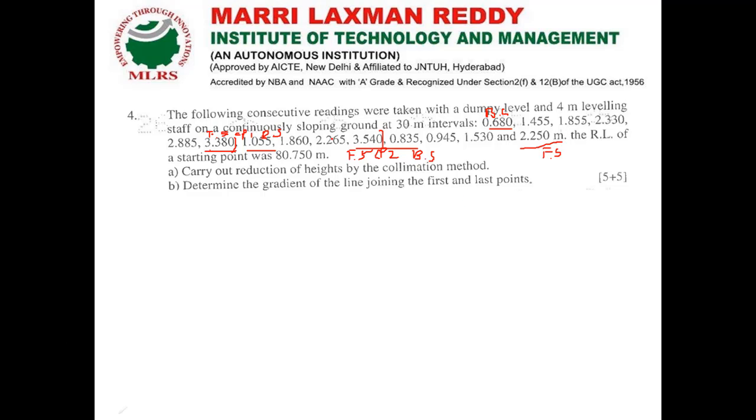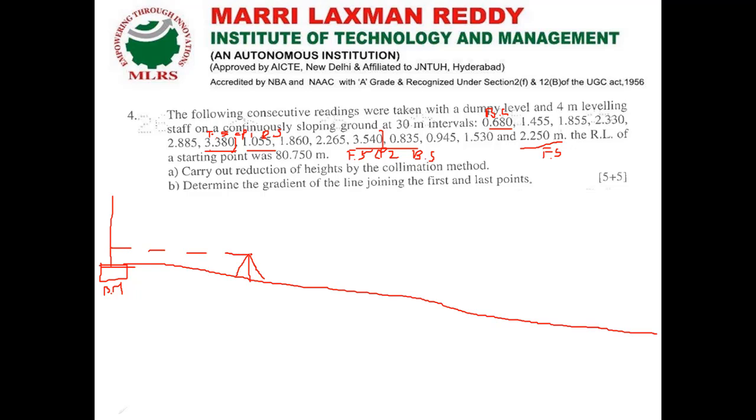For understanding purposes I am drawing a diagram here. First we place the instrument somewhere here, and our first point is the benchmark. Over the benchmark we keep the leveling staff. After doing all the initial adjustments we take the readings, at every 30-meter interval.